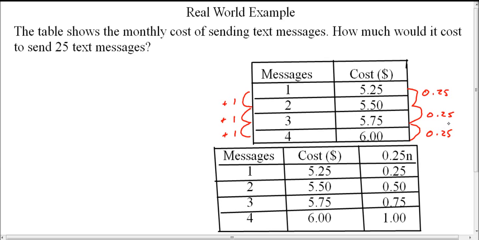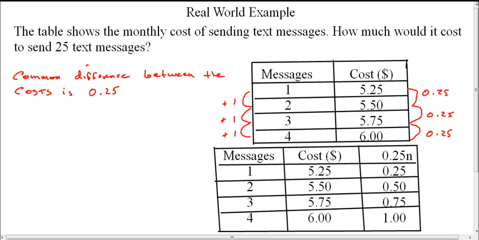So what this is telling us is that our common difference between the costs is 25 cents. Okay, 0.25.